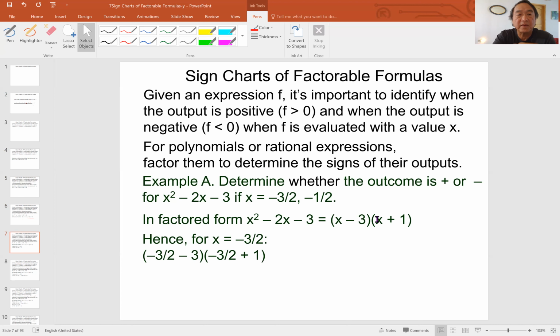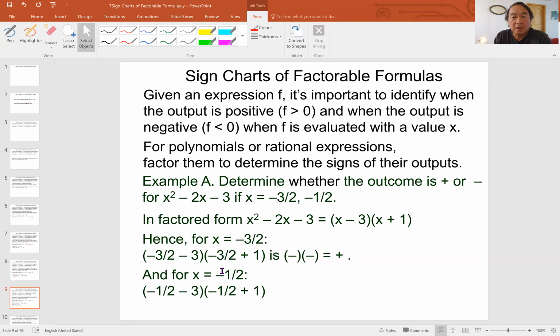For instance, if I want to find the sign of the output when I put minus 3/2 in for x, I don't have to calculate the number, because the front is a negative sign, and both of the binomials are negative signs. Therefore, I know the output is a positive number. And here is what happens if I put in minus 1/2: I get a positive and a negative sign multiplied. Therefore, the output is negative.